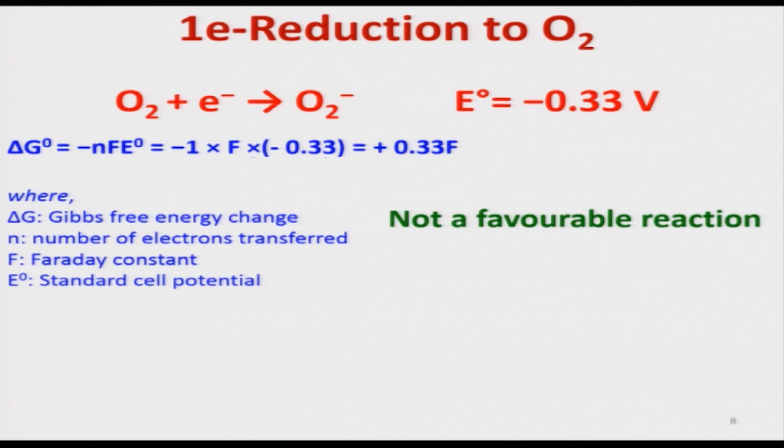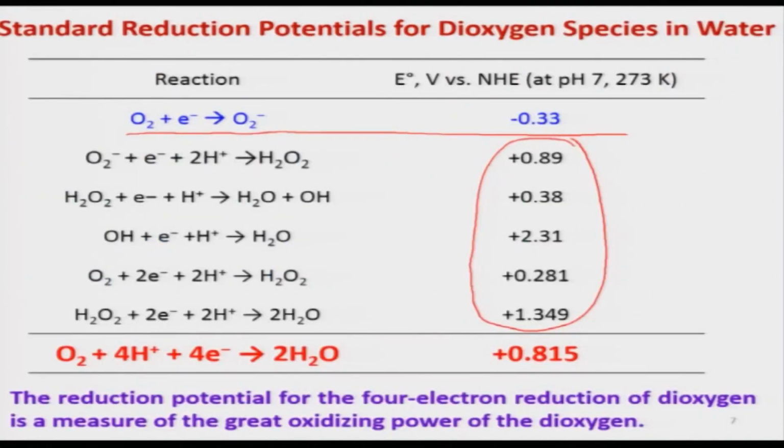Now, if you convert to Gibbs free energy delta G, you will see a positive value. That means this reaction is not a favorable reaction. However, if you look at all other reactions, E0 is highly positive, highly favorable.